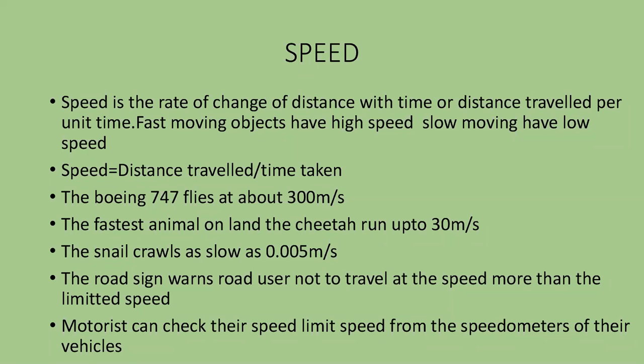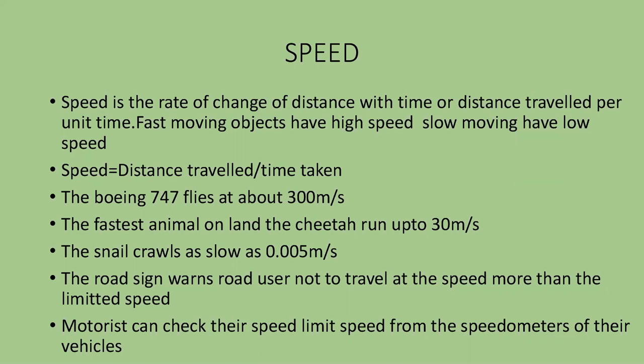Clear? The fastest animal on the land, the cheetah. It is also called the jaguar. The fastest animal on the land, the cheetah, runs up to 30 meters per second. It moves very fast and its speed in 1 second is about 30 meters.